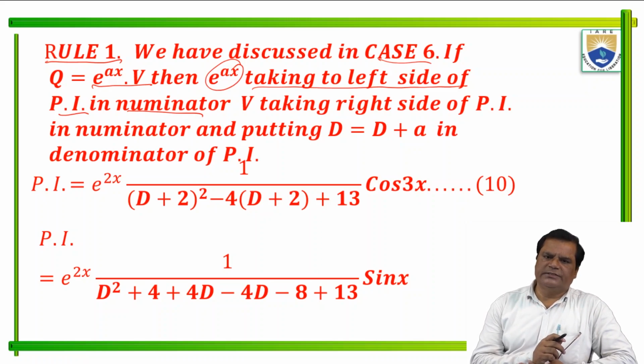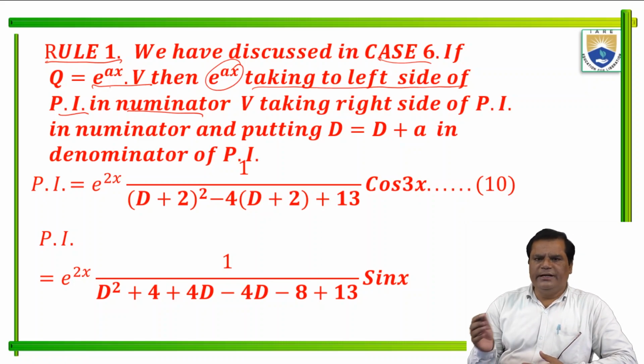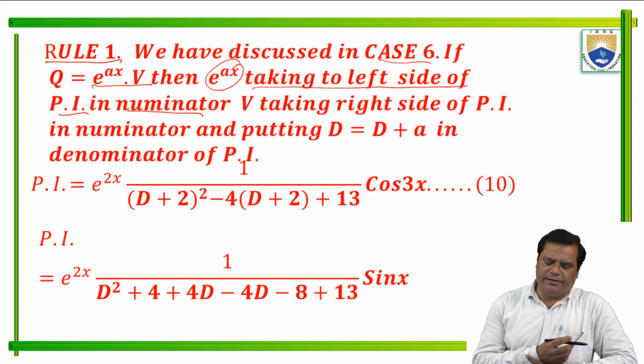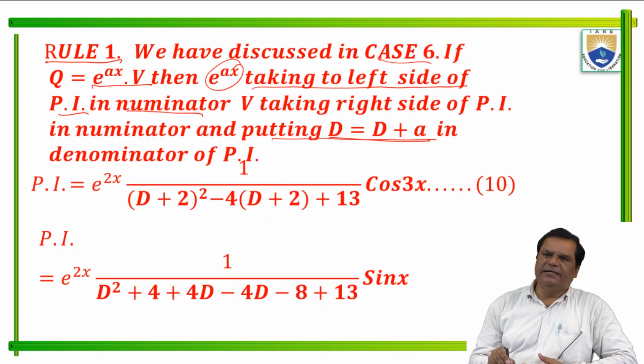If there are two functions, first exponential, other trigonometry, both multiplied, then the exponential function is taken on the left side, and the trigonometric function on the right side of PI in the numerator, and put D equal to D plus a in f(D) in the denominator of PI only, not in the numerator.